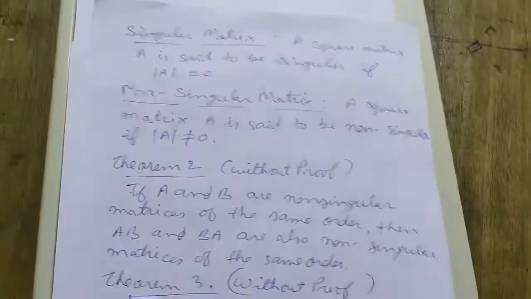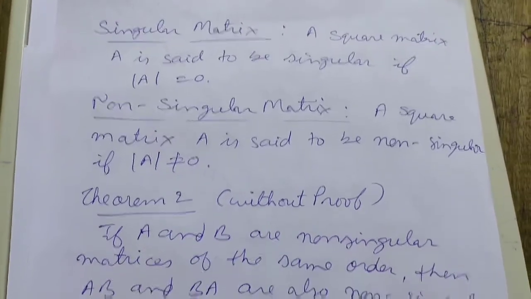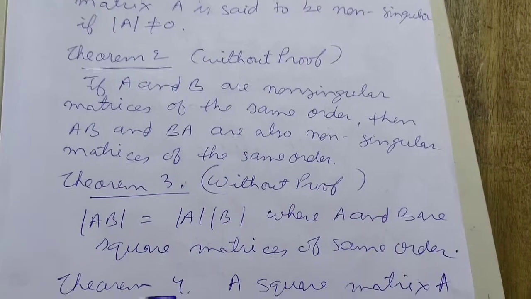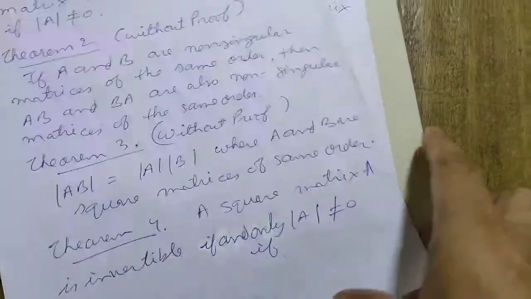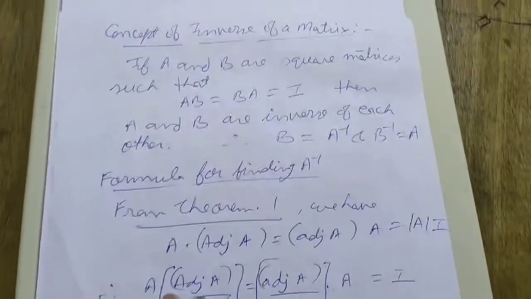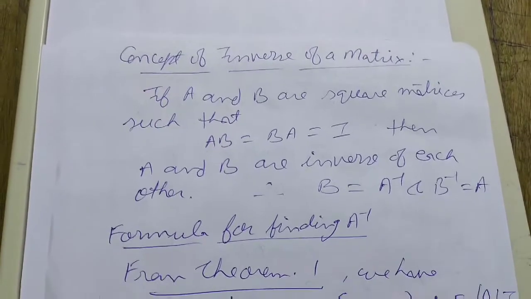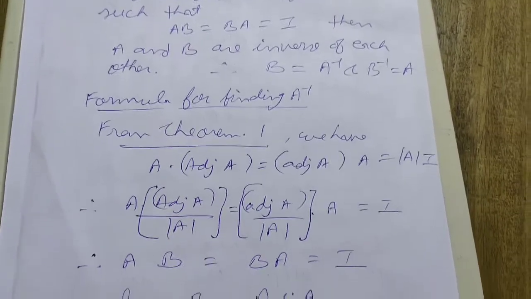And then we went for the singular matrix, the non-singular matrix, theorem 2, theorem number 3, theorem number 4. Then we learned the concept of inverse of a matrix. Then we learned the formula for finding A inverse.